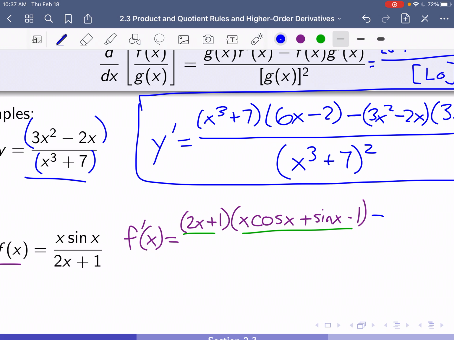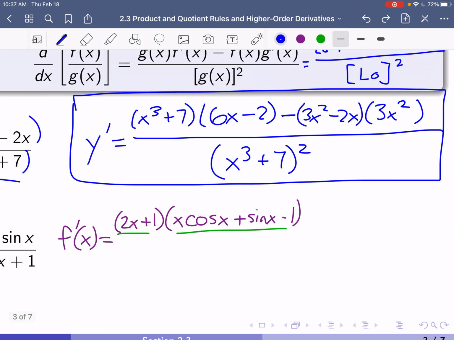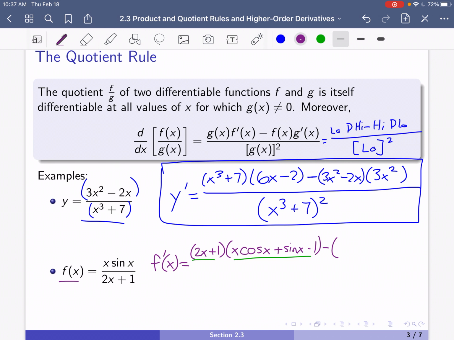Then we need to go minus the top function, x sine x, times the derivative of the bottom. The derivative of 2x plus 1: the derivative of 2x is just 2, and the derivative of 1 is 0, so 2 plus 0. All of this is over the bottom squared.